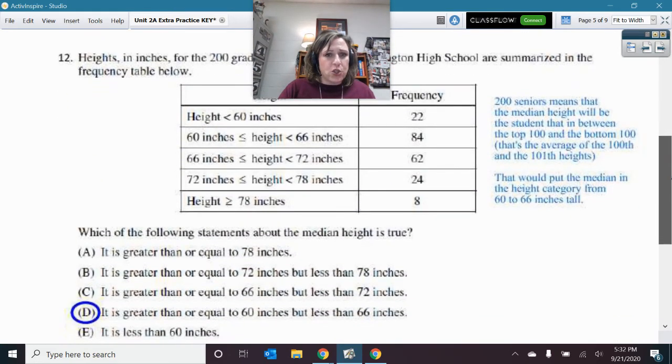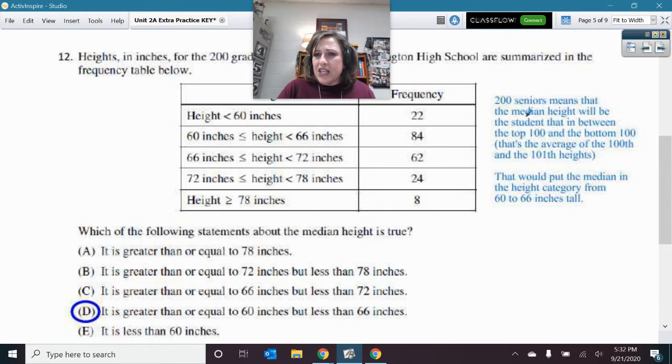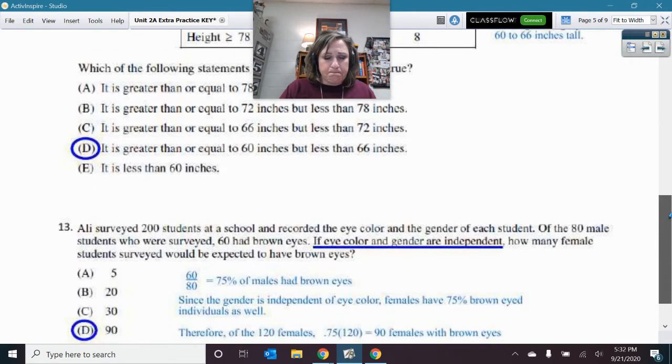All right, here on number 12, the 200 seniors puts the median in between that top 100 and bottom 100. That's the average of the 100th and the 101st height. That's then in this 60 to 66 inch height.